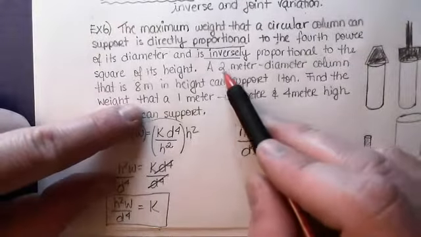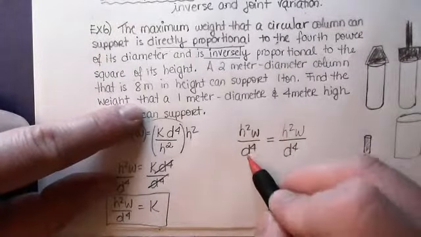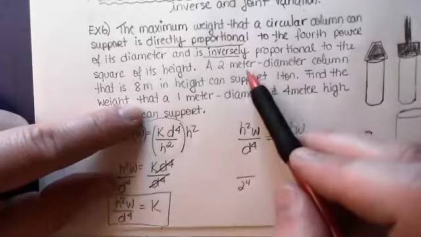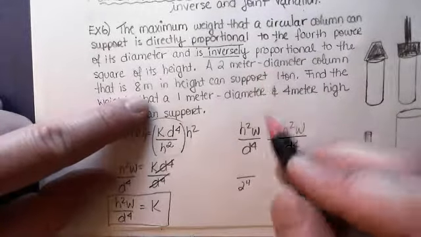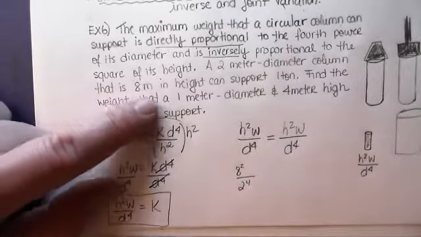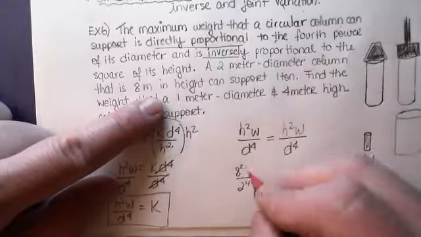So let's look. A 2 meter diameter, so we have the diameter for the first, so it would be 2 to the 4th. That is 8 meters high, so we have the height, which is 8 squared, and can support a weight of 1.